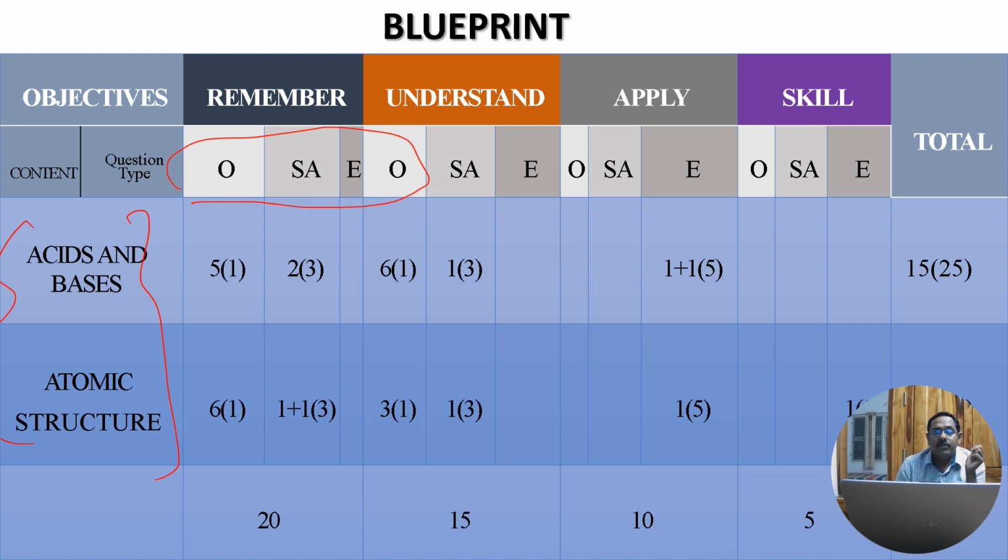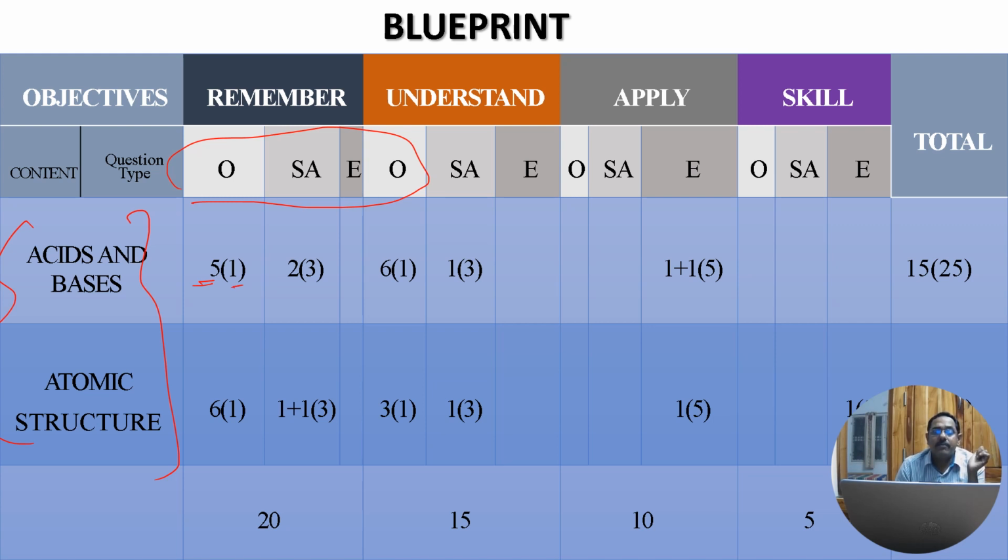The number outside the bracket represents the number of questions, and inside the brackets represents the marks.